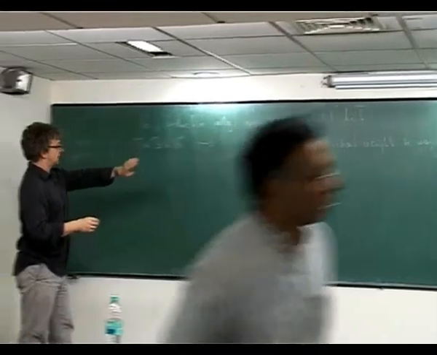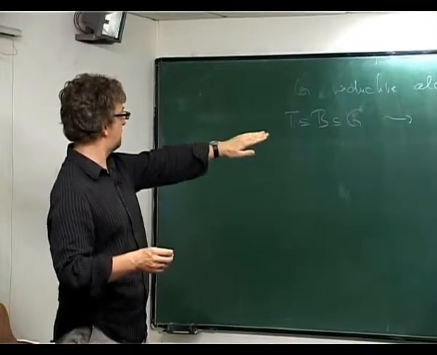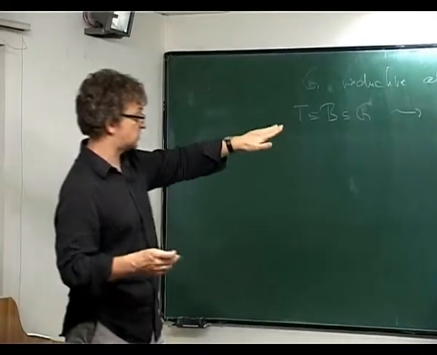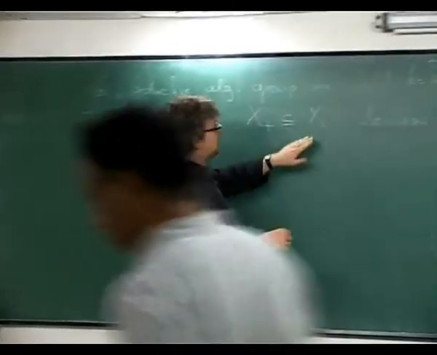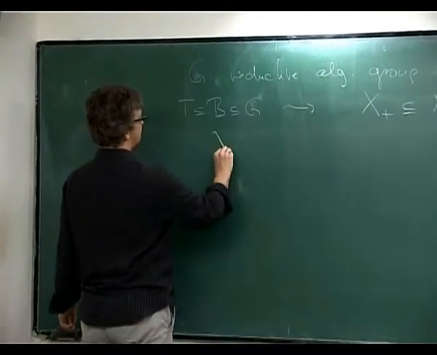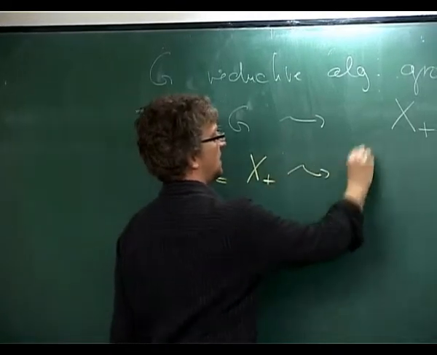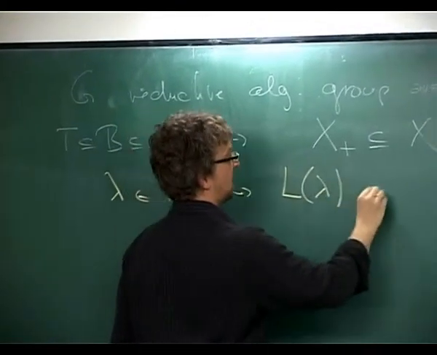Okay. So this is just underlying data. So T in B in G is a fixed choice. X is the weight lattice, and inside there we have the dominant weights. And then we have seen and we have proven that for each dominant weight there is an irreducible highest weight module.